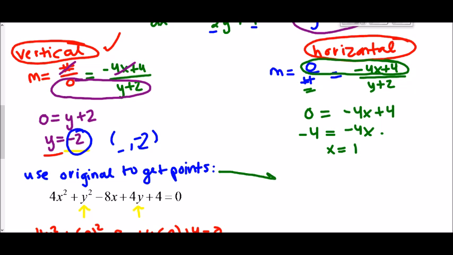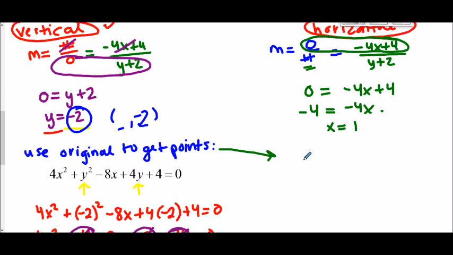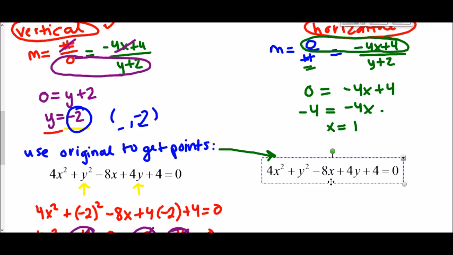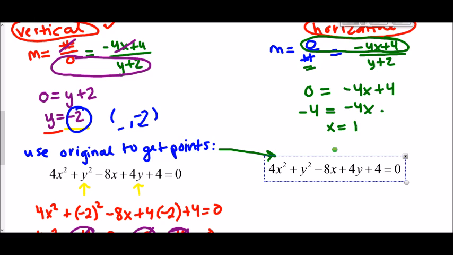So again, we have to use the original to get our points. Now we have an x value. So that means when we plug this in, we are using our original equation, okay, and we are plugging into the x's, which are here and here. What's getting plugged in is the number 1.